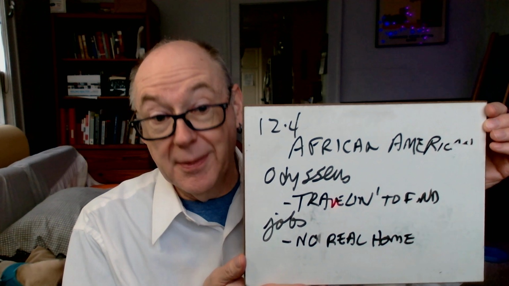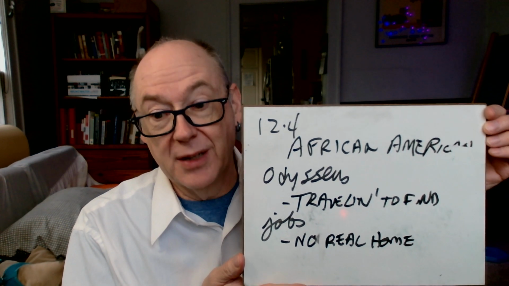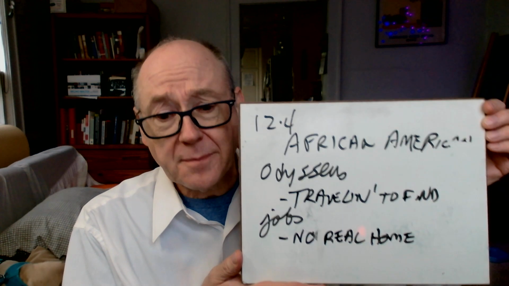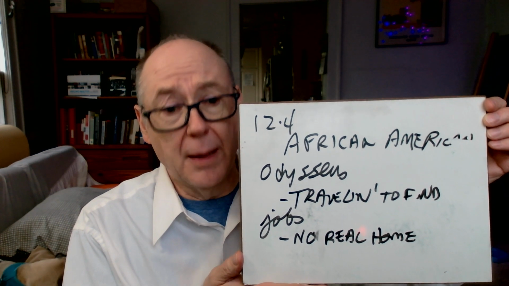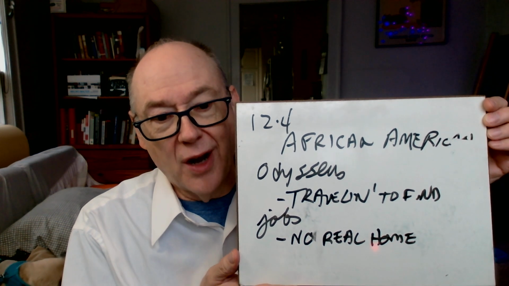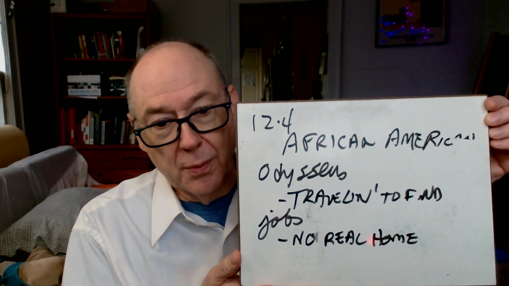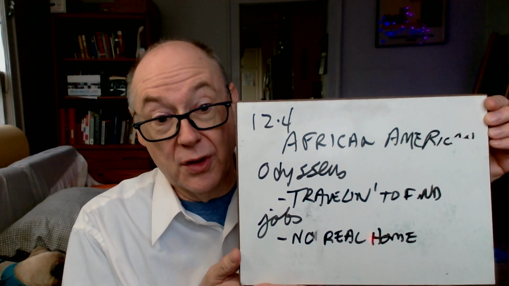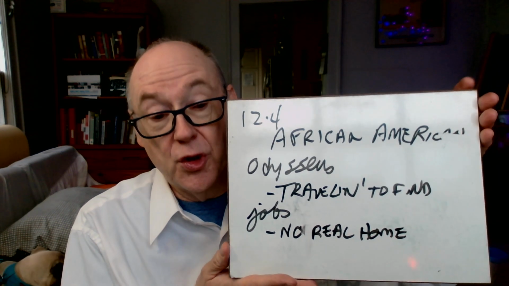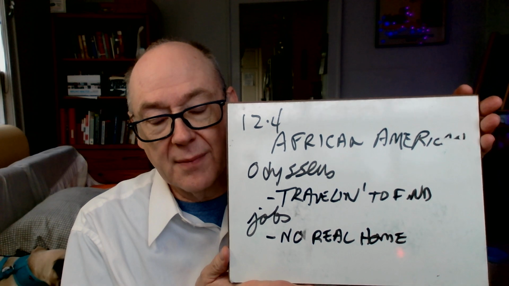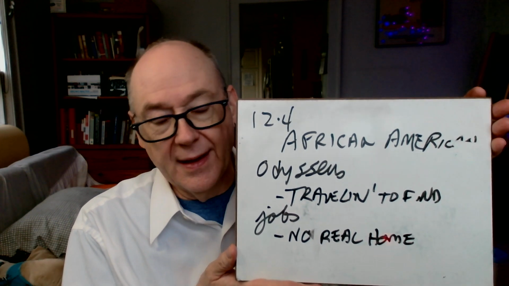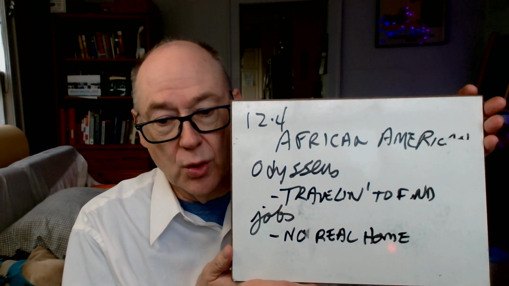It turned out not to be the promised land, the North, because the people in the North were just as prejudiced as they had been, but there were at least some economic opportunities. You could get a job, for instance, at an auto factory if you were black, and your pay was at least better than what you had had. So you could build a life in places like Chicago and Detroit, and other places up north.